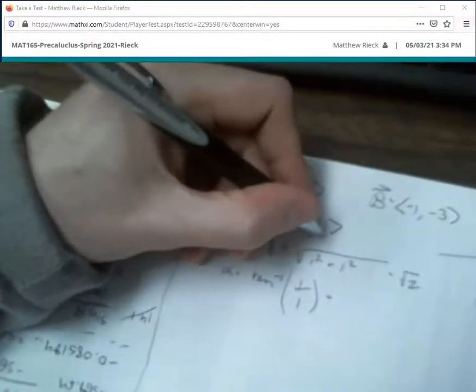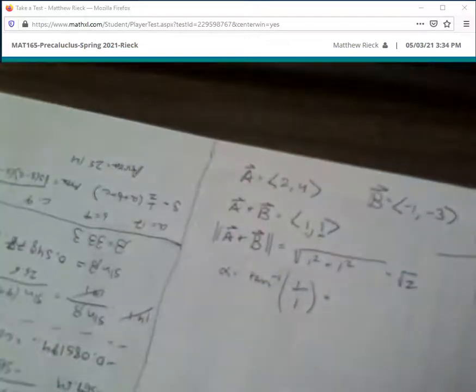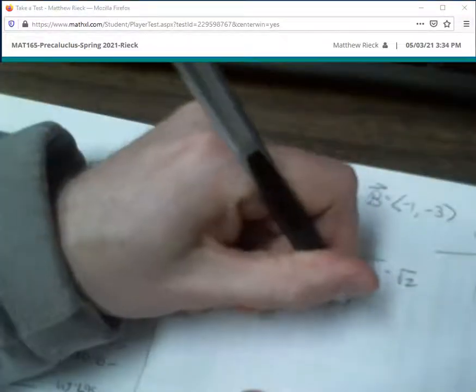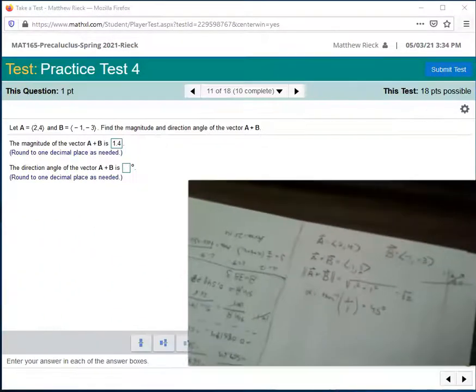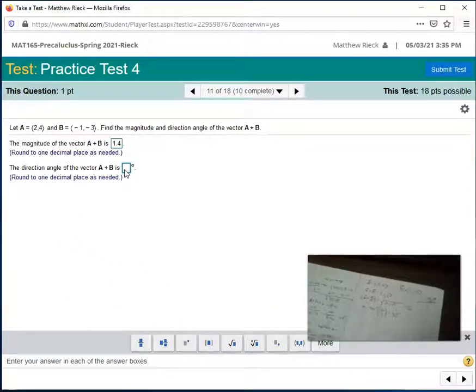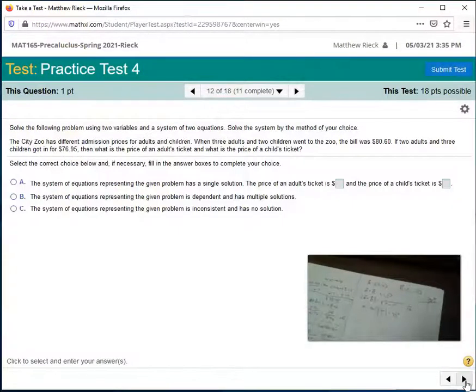So the inverse tangent of the second component divided by my first component will give me my angle there. All right, so we take the inverse tangent of 1 over 1. That gets me 45 degrees.